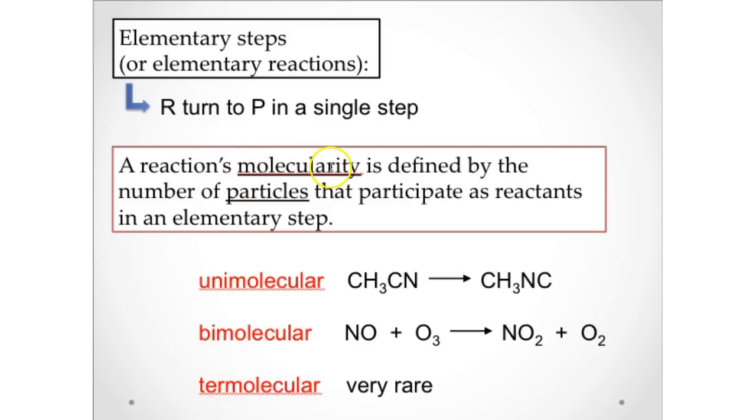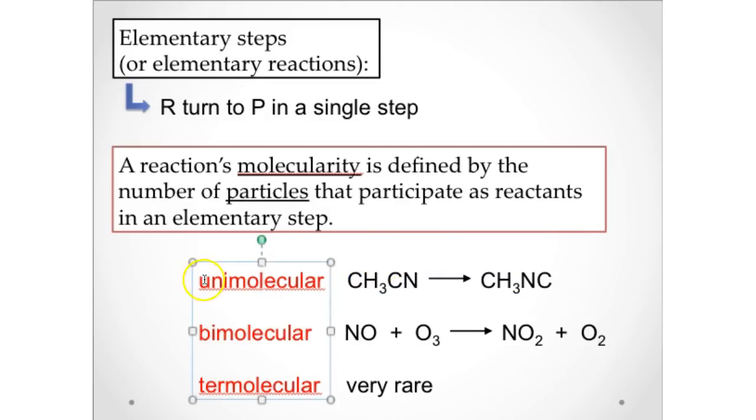A reaction's molecularity is defined by the number of particles that participate as reactants in an elementary step. For example, here we have CH3CN, and it makes another product that has the C and the N switched. So this is an isomer, and it's an elementary step because it's undergoing one specific reaction.